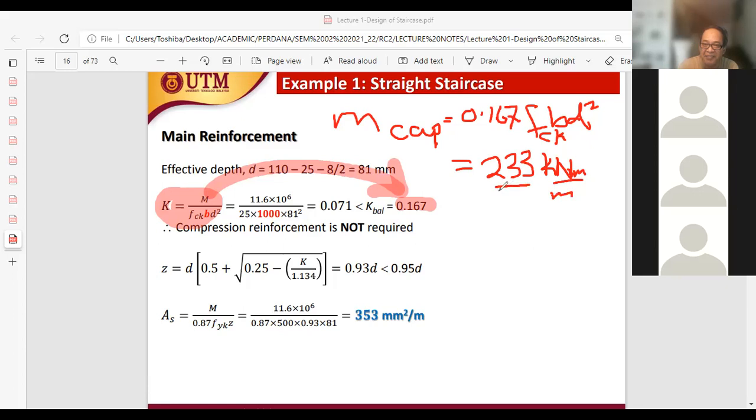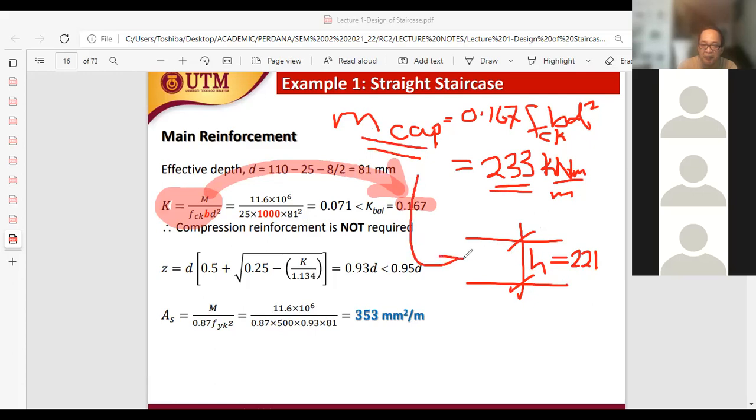This is the maximum moment yang boleh ditanggung that can be supported by the staircase, yang mana H average dia is 221 mm. This is the maximum capacity of this section, 221 punya average thickness. It can support a maximum moment of 233.